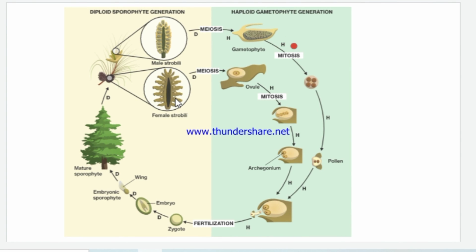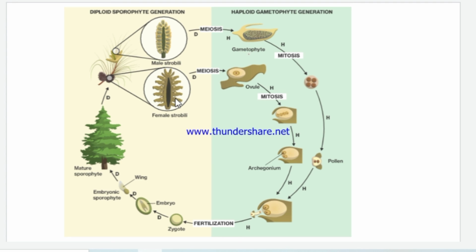Now, this is the life cycle of the gymnosperm. Their life cycle starts with a mature sporophyte. This mature sporophyte is represented by the tree that you see. This tree produces female and male strobili, where meiosis occurs to produce the gametophyte.